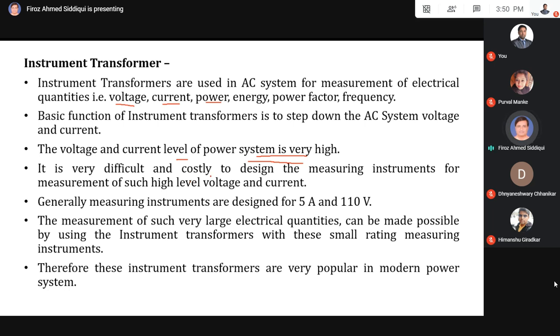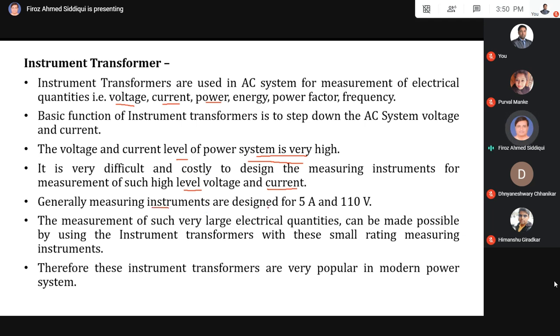So it is very difficult and costly as well to design the measuring instrument for the measurement of such high level of voltage and current. So in order to measure that voltage, current, power, we need to step down the high voltage or high current so that the instrument which is available with us is used to measure it.